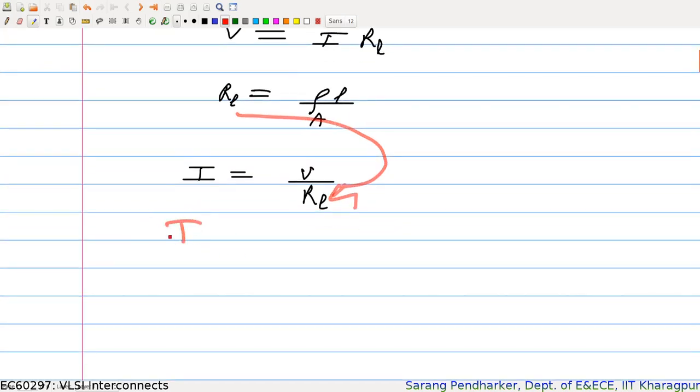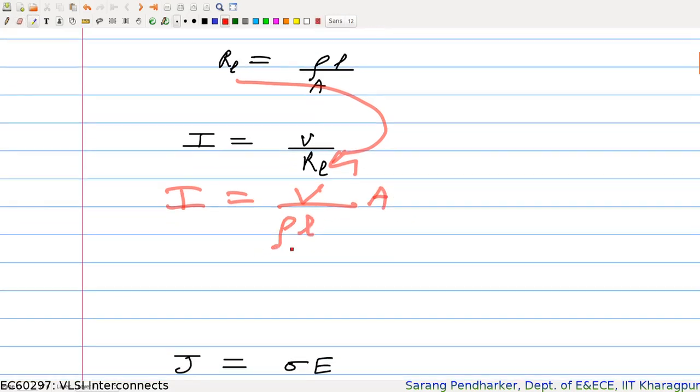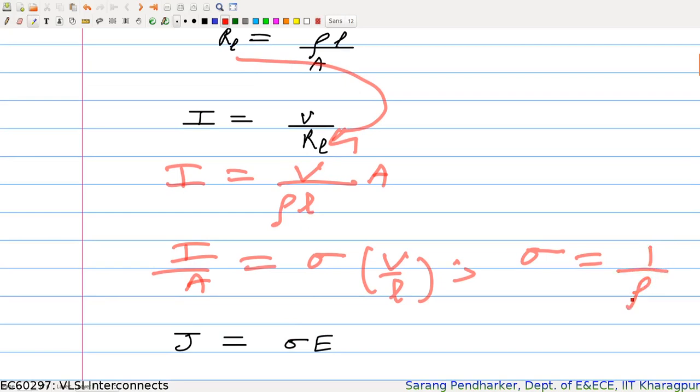When I do that, what I get is I is equal to V by rho L into A. I can rewrite this as I by A is equal to sigma V by L. Here sigma is equal to 1 by rho, right?